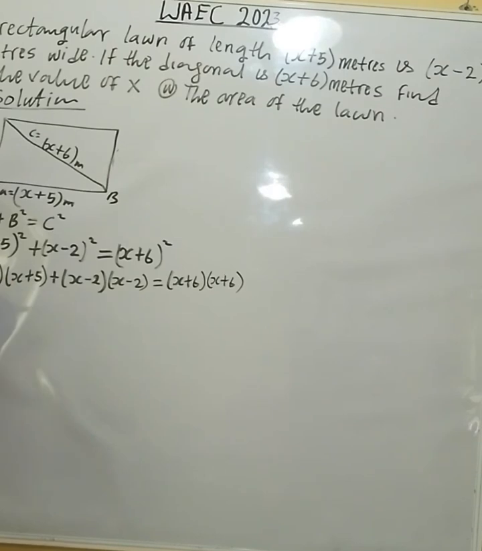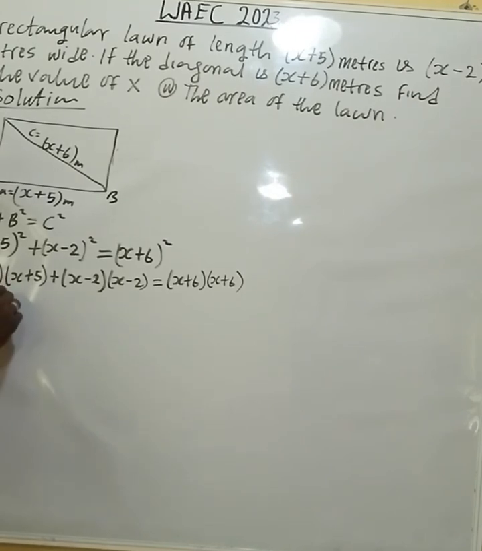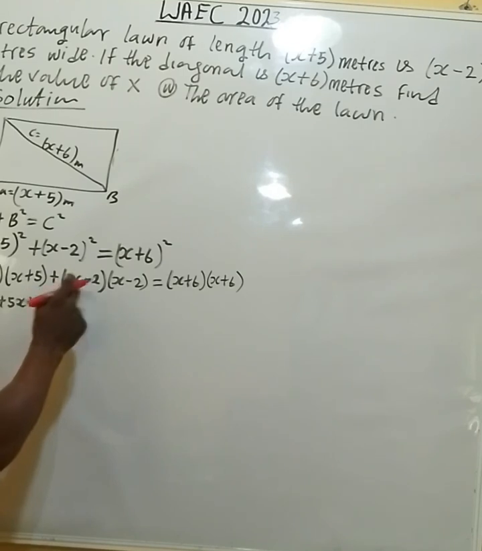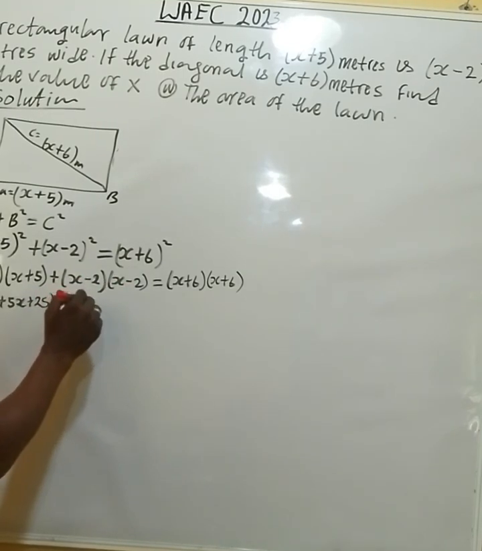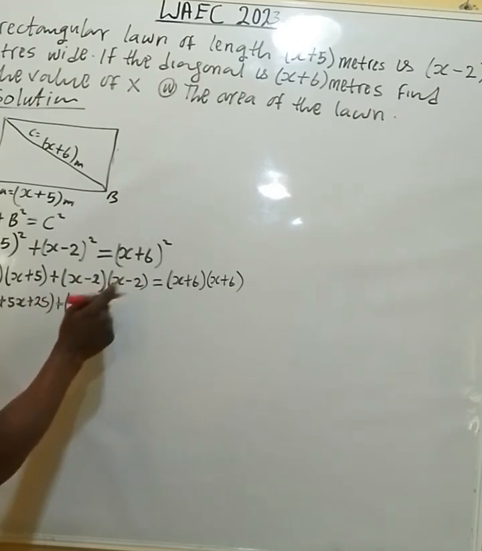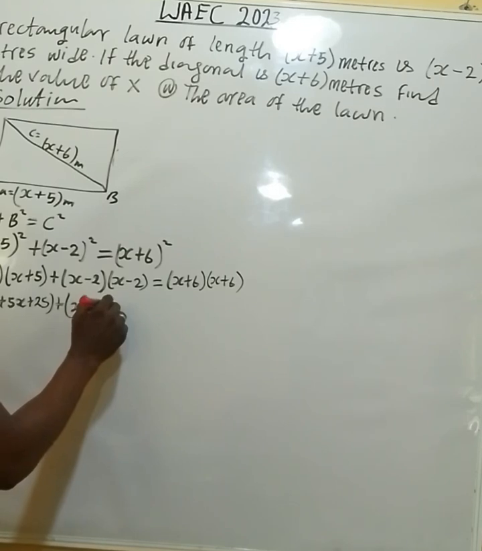Now x times x gives us x squared. x times 5 gives us 5x. 5 times x gives us 5x. And 5 times 5 is plus 25. That's the first one. Then plus x times x gives us x squared. x times minus 2 is minus 2x.